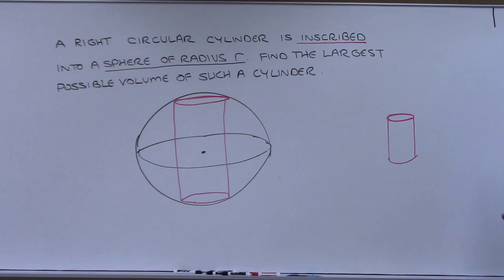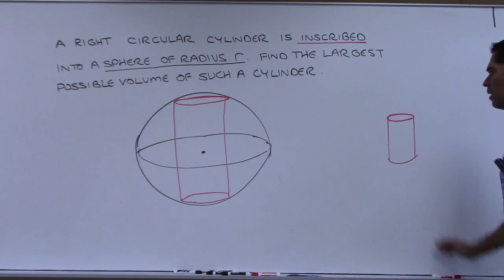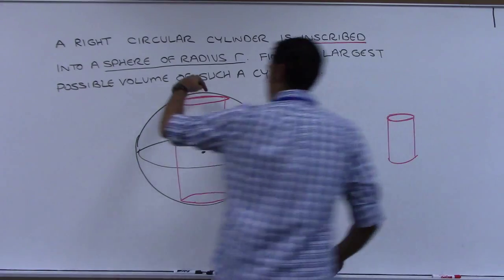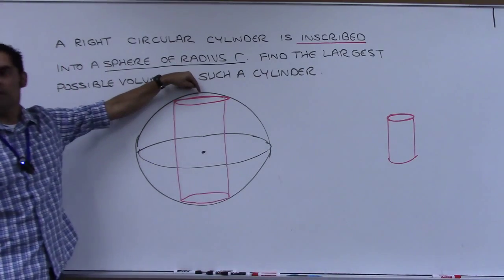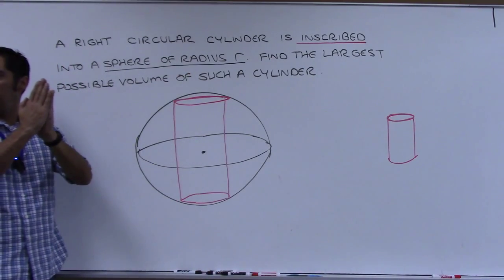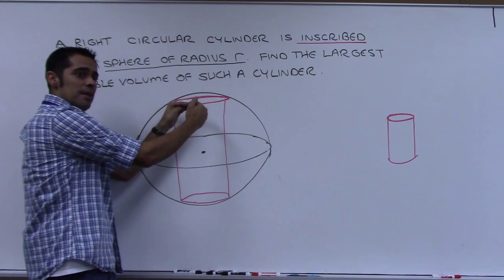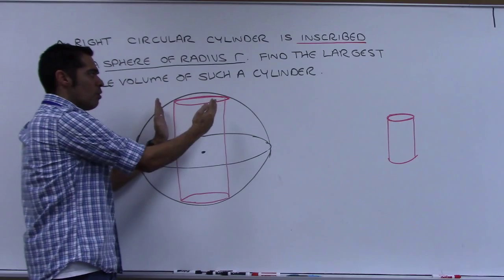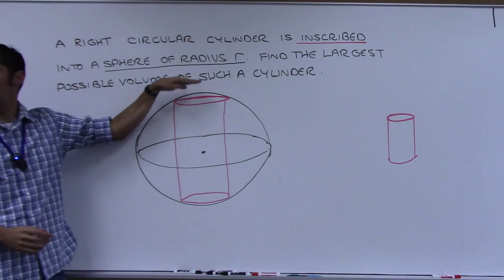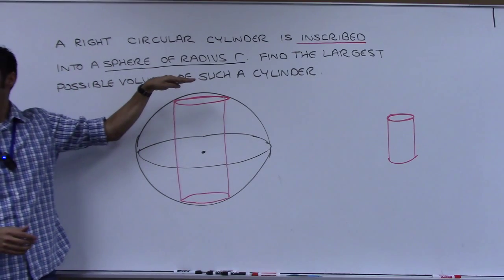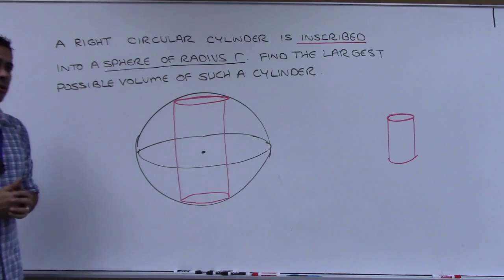Do y'all see it? Now, will this cylinder touch the North Pole? No, because if I give the cylinder width, then it has to come down a little bit, doesn't it? But the more narrow I get, the higher up it's going to go into the sphere, won't it? So that's one way I could do it, right?